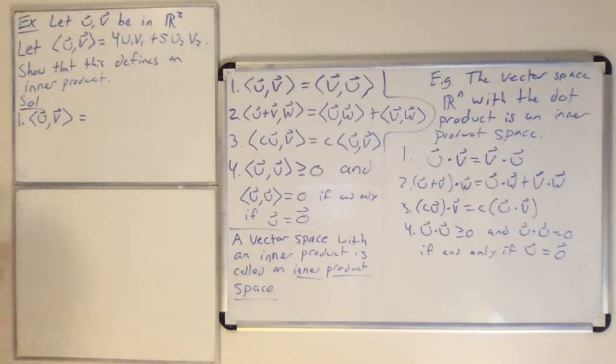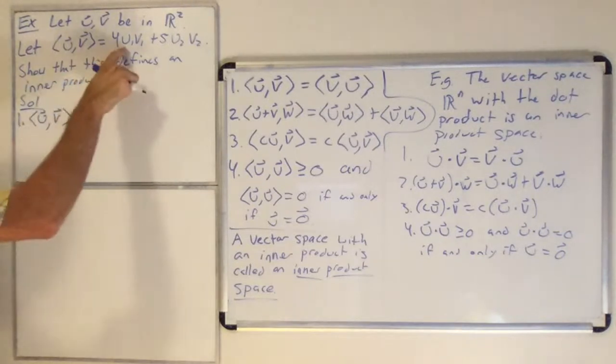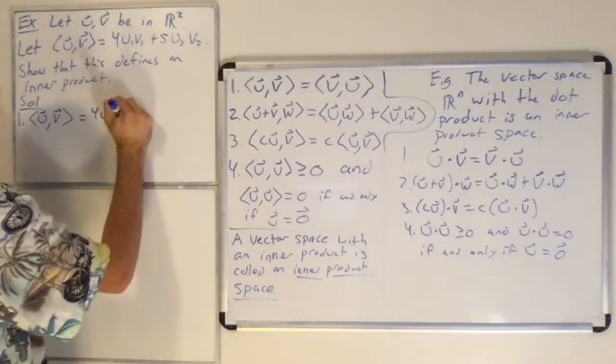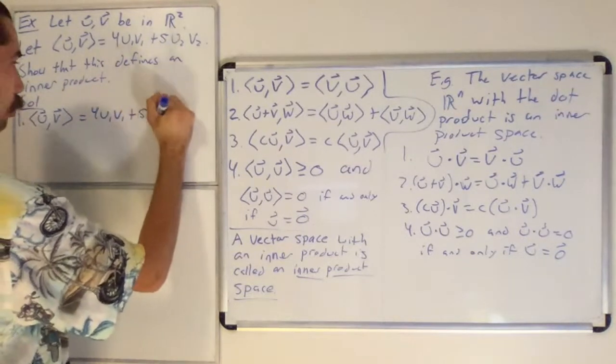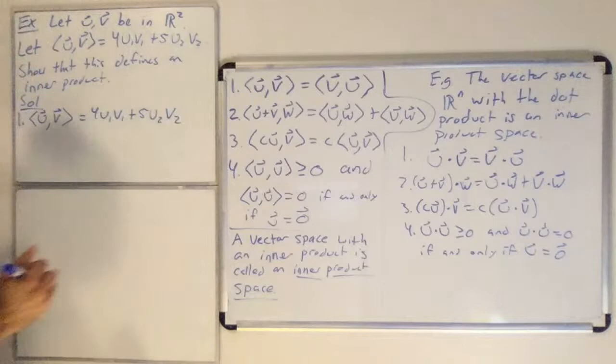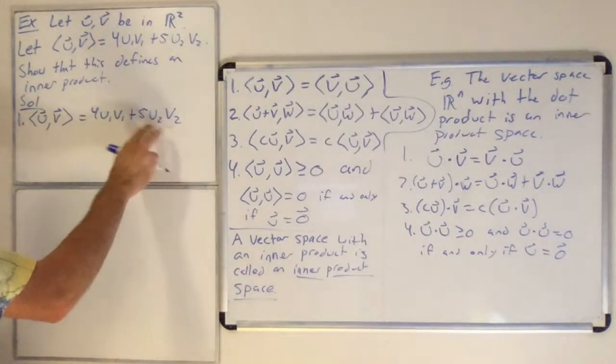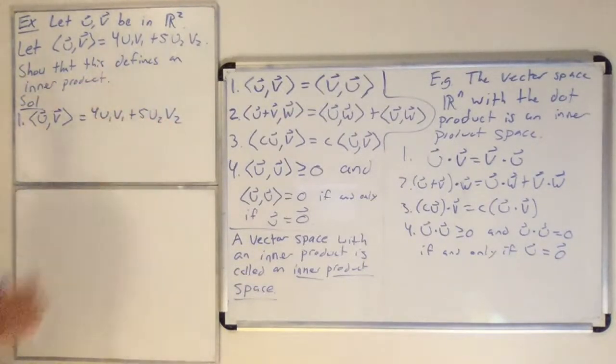So UV is equal to 4U1V1 plus 5U2V2. Well, we can switch the order of the U's and the V's, right?